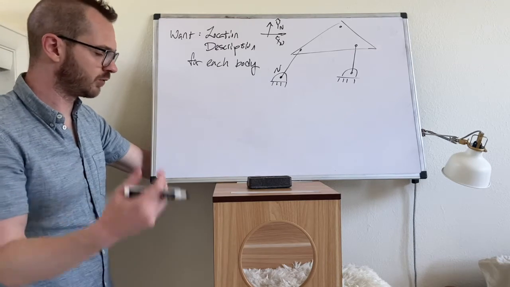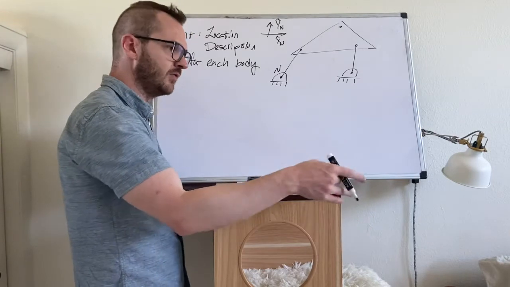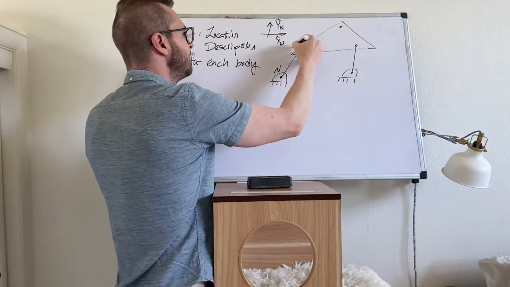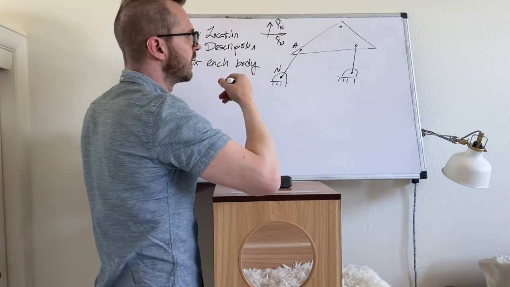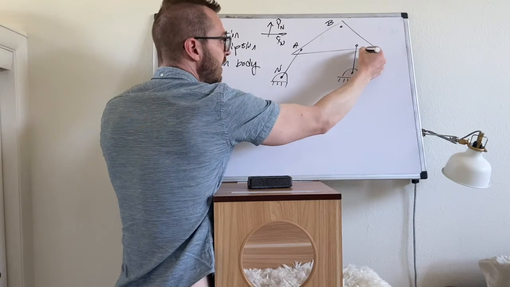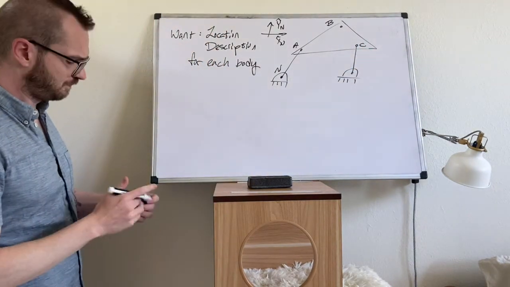Since we're just starting, let's not do the centers of mass. For now, let's put point A right there, point B there, and point C is this other joint.